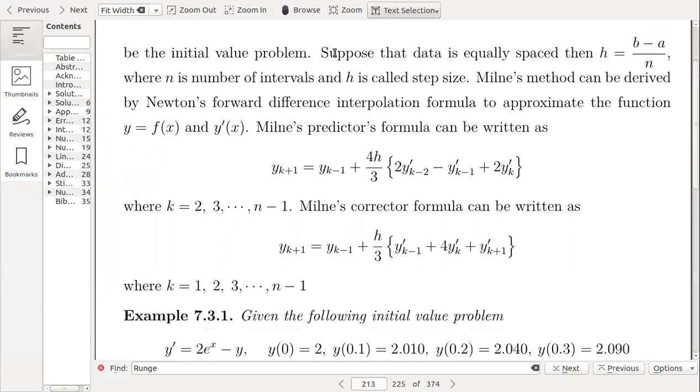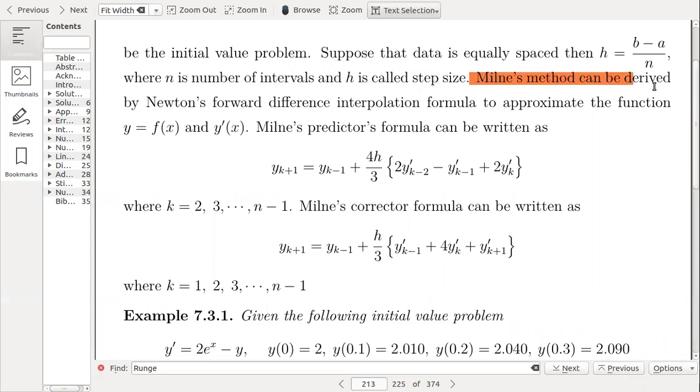Suppose that data is equally spaced, because if we suppose that data is equally spaced, it will be easy to find the step size. The step size can be calculated as b minus a over n, where n is the number of intervals and h is called the step size.